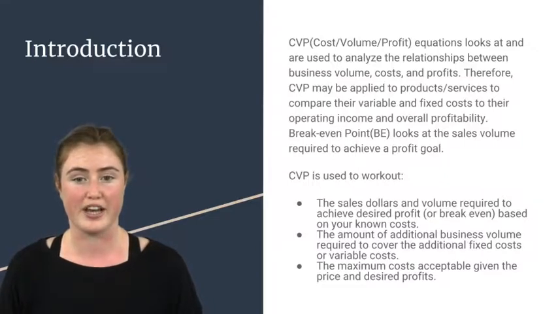CVP is used to work out the sales dollars and volume required to achieve desired profit or break-even based on your known costs, the amount of additional business volume required to cover the additional fixed costs or variable costs, and the maximum costs acceptable given the price and desired profits.